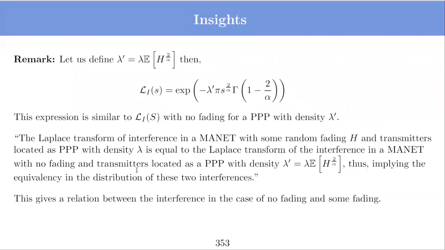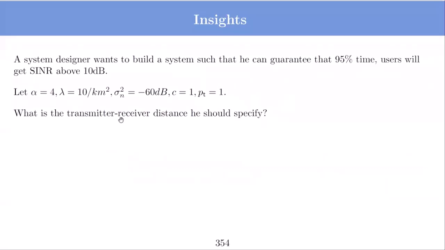So this means the Laplace transform of interference with some fading h, where transmitter density is lambda, is equal to the Laplace transform of interference with no fading and density lambda E[h^(2 by alpha)], thus implying the equivalence in the distribution of these two interferences. This also gives a relation between the interference in the case of no fading and the case where there is some fading.